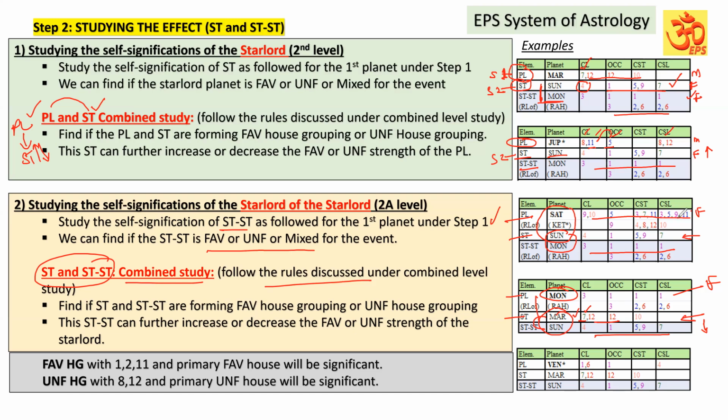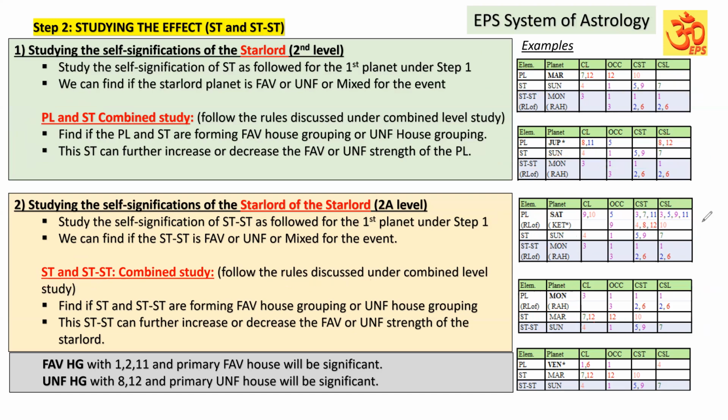So the planet is supported by the Starlord. Starlord is further supported by the Starlord of the Starlord. So that favorable strength of the planet is increased at all levels. Though there are some obstacles through the second planet, that intensity is going to be comparatively lesser. In this case of Jupiter, favorable strength 11 and 5 is further supported by the Starlord and also Starlord of the Starlord.